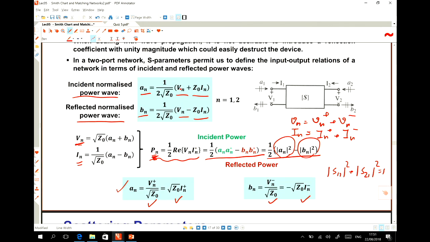A is V divided by the square root of Z, not Z, and B is I multiplied by the square root of Z. So A and B are not voltage or current or power itself. It is something in between. It is in the dimension of power, but the square of that is power.